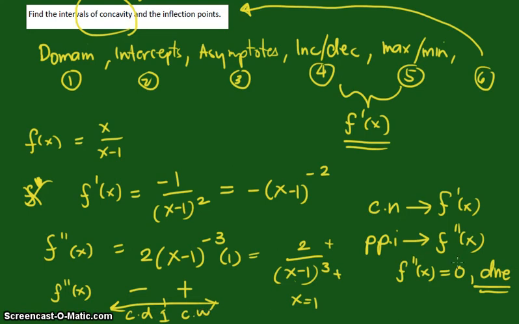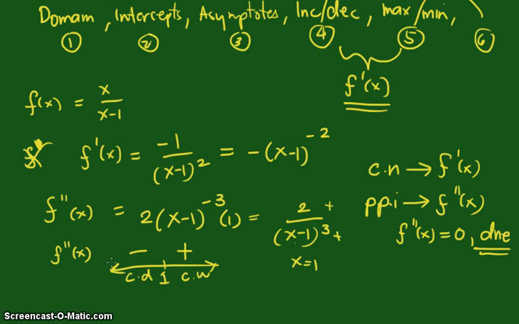So to answer the question, what is the interval in which the function is concave down? Concave down from negative infinity to 1, and then concave up from 1 to positive infinity.